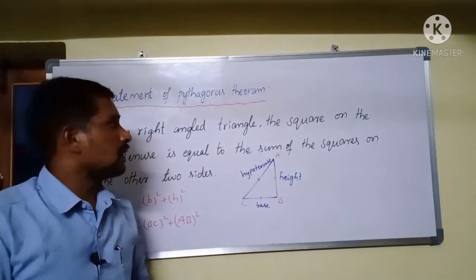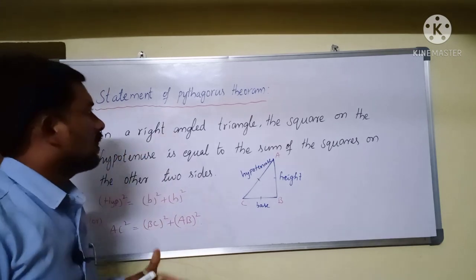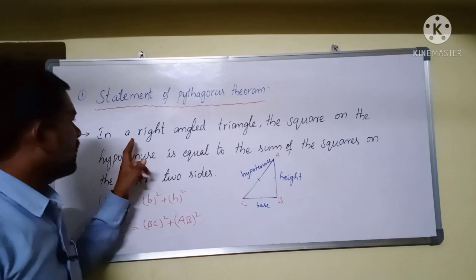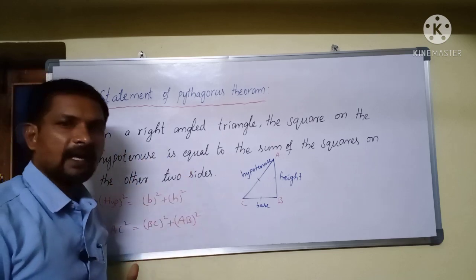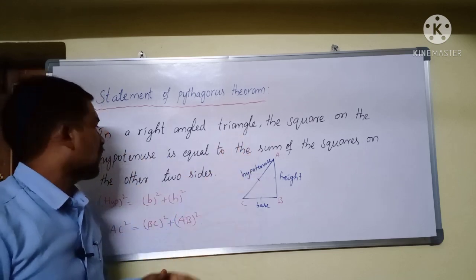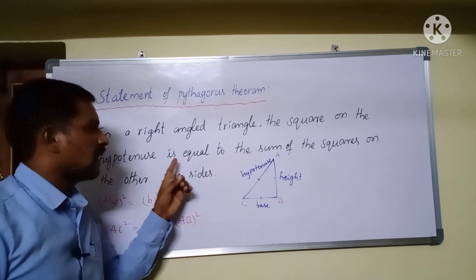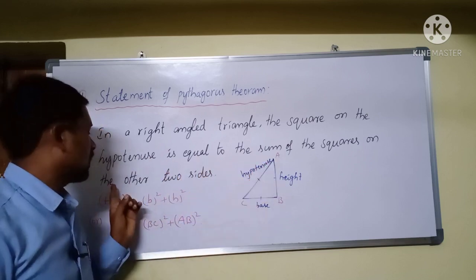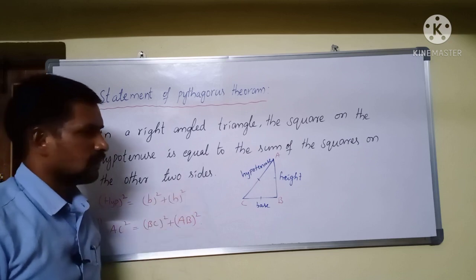Now we will discuss the statement of Pythagoras theorem. In a right angled triangle, the square on the hypotenuse is equal to the sum of the squares on the other 2 sides.